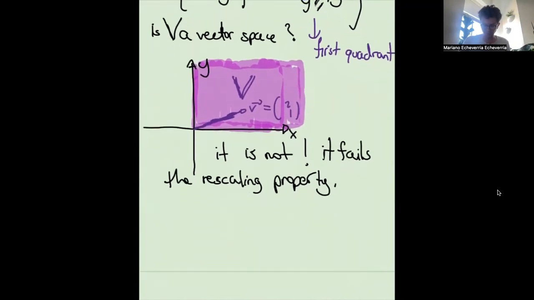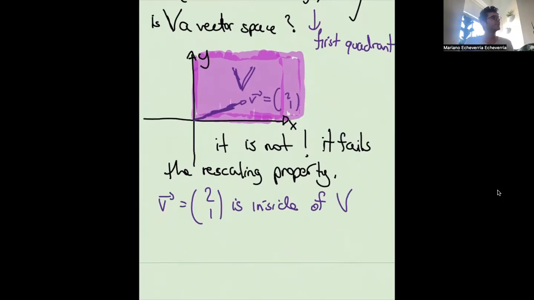So if you take (2, 1), and if this were a vector space, then any rescaling would have to be inside the vector space as well. But what happens if you multiply this vector by -2, for example? That is no longer inside of V, right?